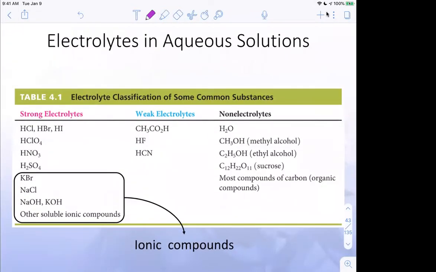If I have an ionic compound that is soluble in water, I have strong electrolytes. So these are soluble ionic compounds such as KBr, NaCl, sodium hydroxide, potassium hydroxide. Ionic compounds that are soluble in water are going to be considered strong electrolytes.